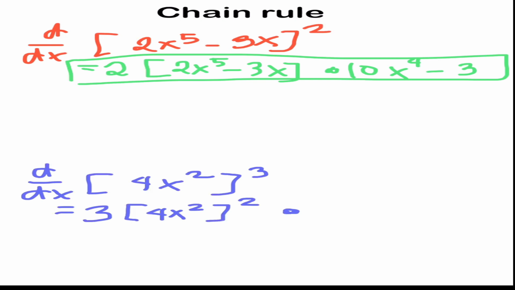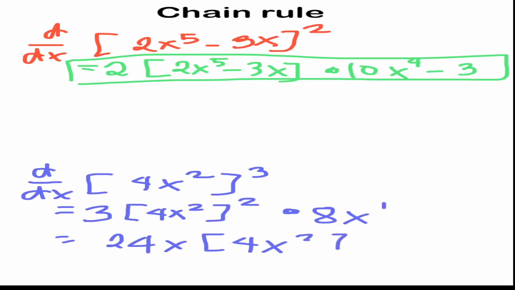So 4 times 2 is 8x, 2 minus 1 is 1. So 3 times 8x is 24x times 4x squared raised to 2. And this now is the final answer.